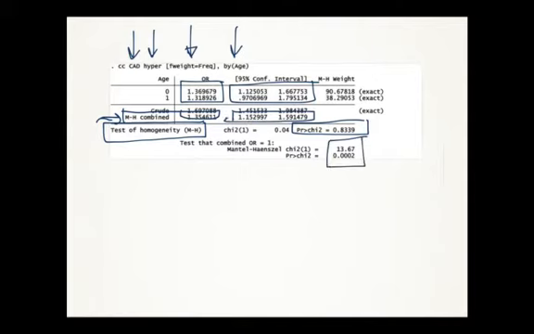Here's the Mantel-Haenszel test statistic, 13.67. The p-value is 0.0002. That p-value being less than 0.05 corresponds with 1 not being inside this 95% confidence interval, right? And so that's why we concluded that there is a significant association between hypertension and coronary artery disease.